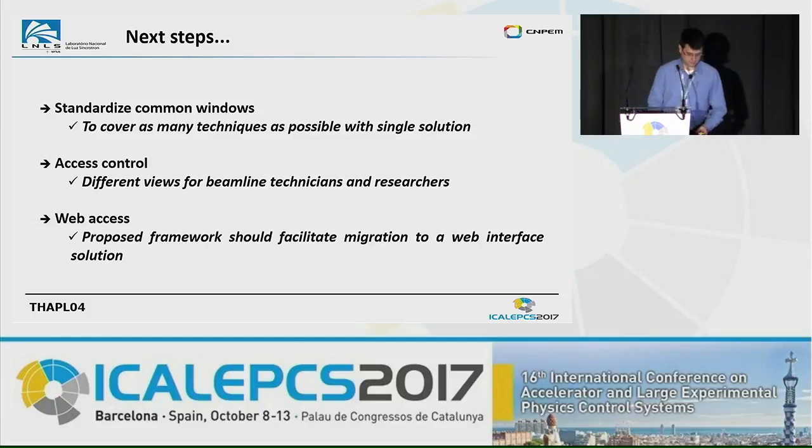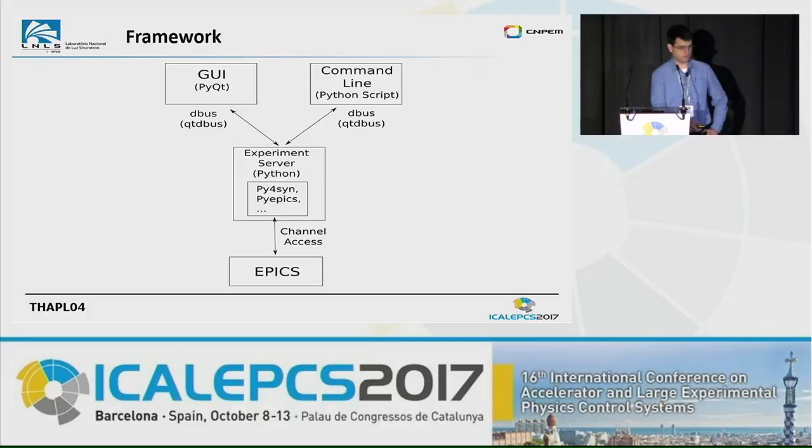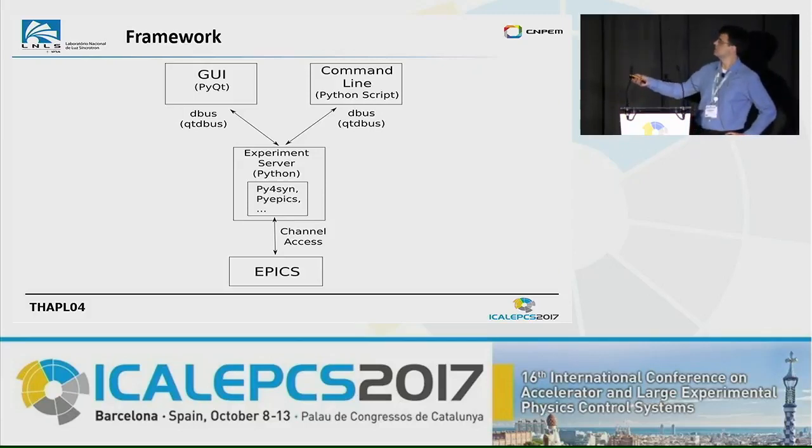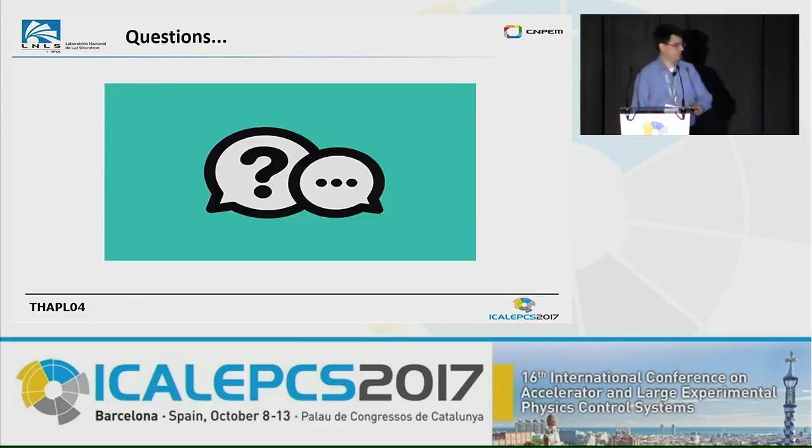We are also thinking about how to use a web interface, because this approach allows us to easily change this top layer. Using the same server in Python to perform more complex experiments, we can easily change the top layer interfaces, for example, to a web implementation. So that's it.